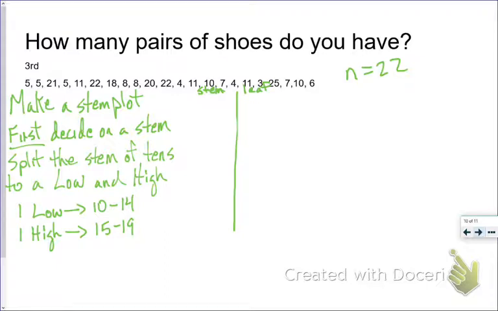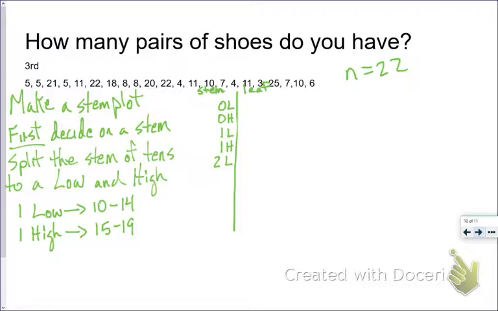So let's abbreviate even more, and let's represent all the stems. So we have a 0 low, we have a 0 high, we have a 1 low, and we have a 1 high. We have a 2 low. Do we have a 2 high? We don't. In 7th we did.